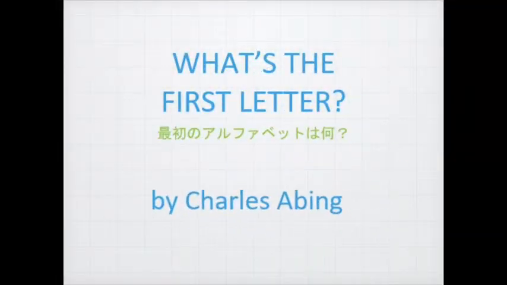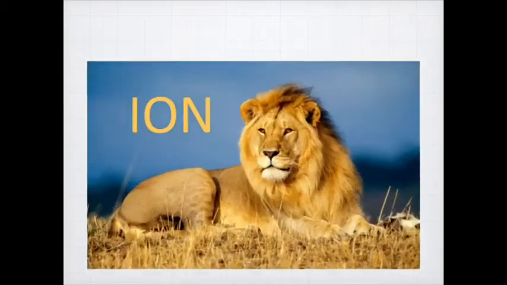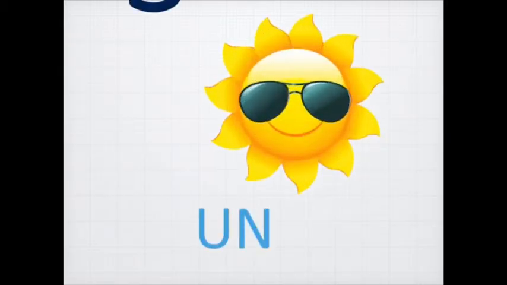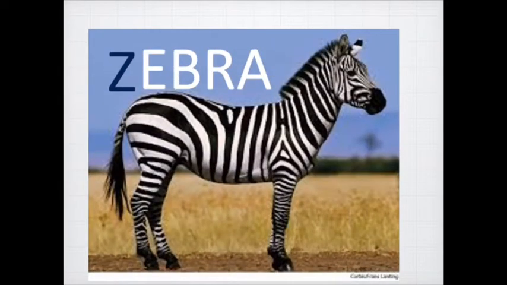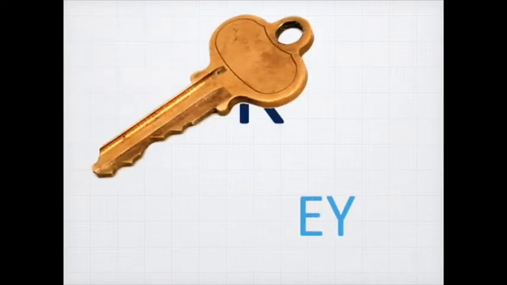What's the first letter? C, cat. L, lion. S, sun. Z, zebra. P, pig. K, key.